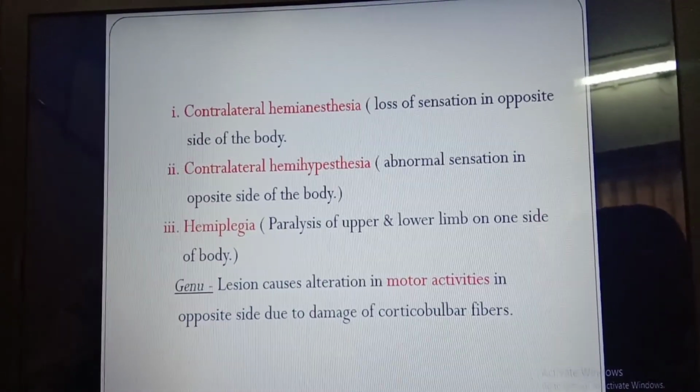Why opposite again? All of you know why this word contralateral is coming again and again, because the medulla oblongata is present below this internal capsule, and in the medulla oblongata there is a decussation, that is crossing of all sensory and motor tracts. That's why, if a lesion takes place in the internal capsule, the manifestation comes on the opposite side of the body.